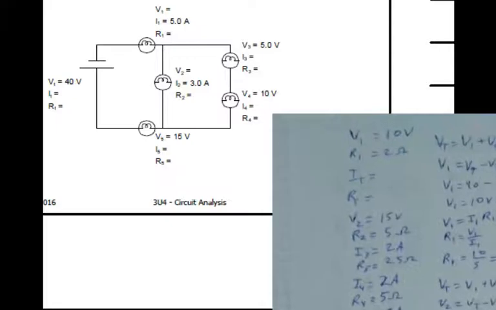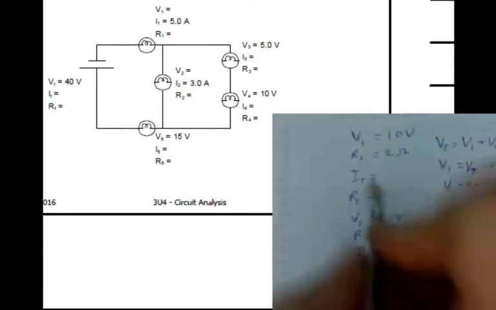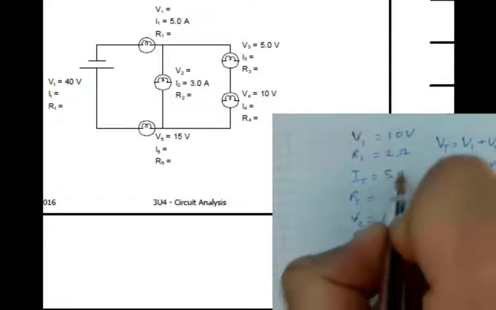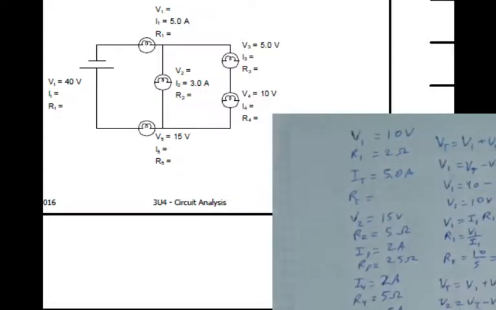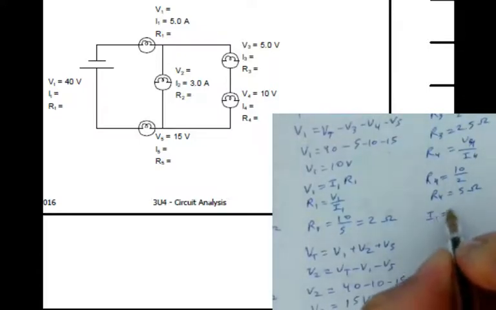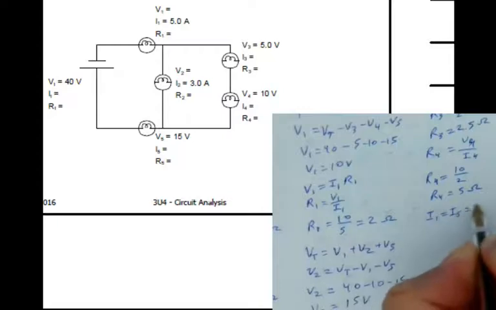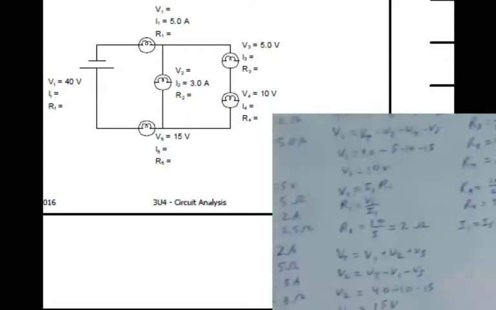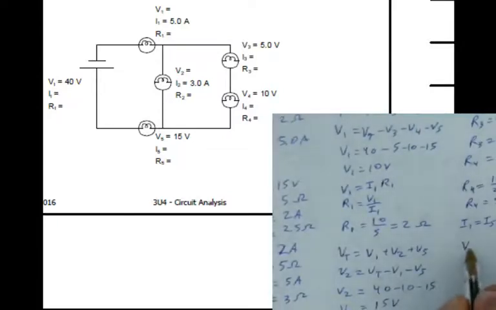We just need to solve for IT and RT. Well, IT is going to be 5, because I1 is equal to IT. We can write that down here. I1 equals I5 equals IT. And then we can solve for RT, because VT over IT would be the same as RT.